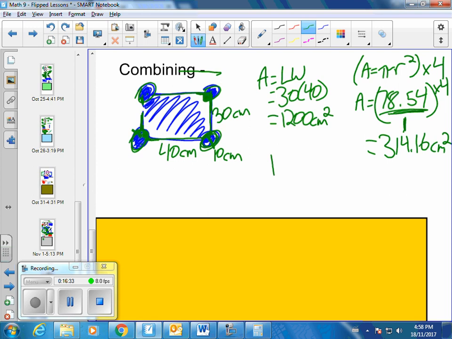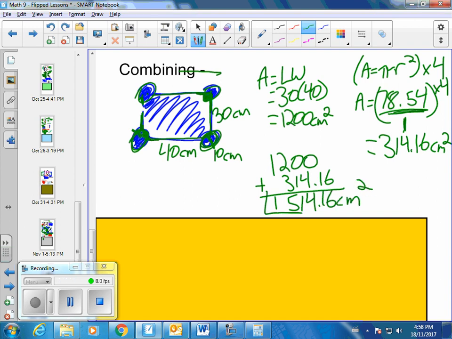And now I'm just going to add those two numbers together in order to get my final answer of 1,514.16 centimeters squared. So that is all I need you to do for these.